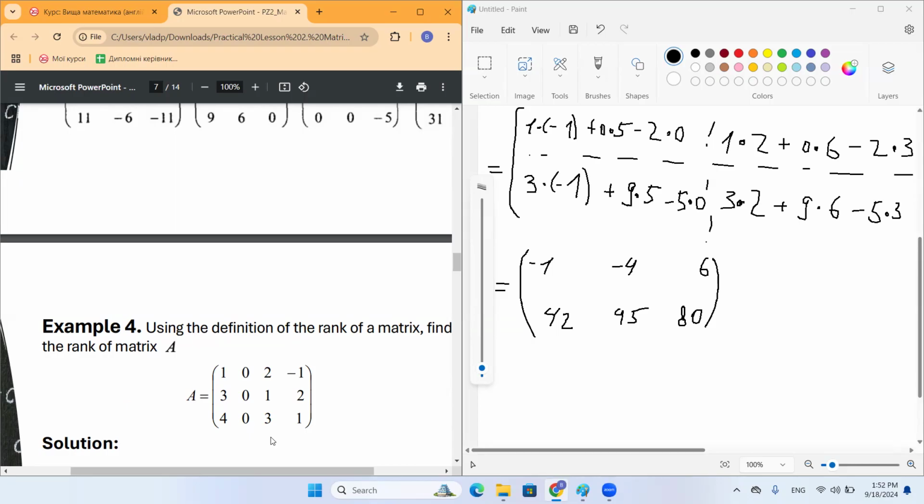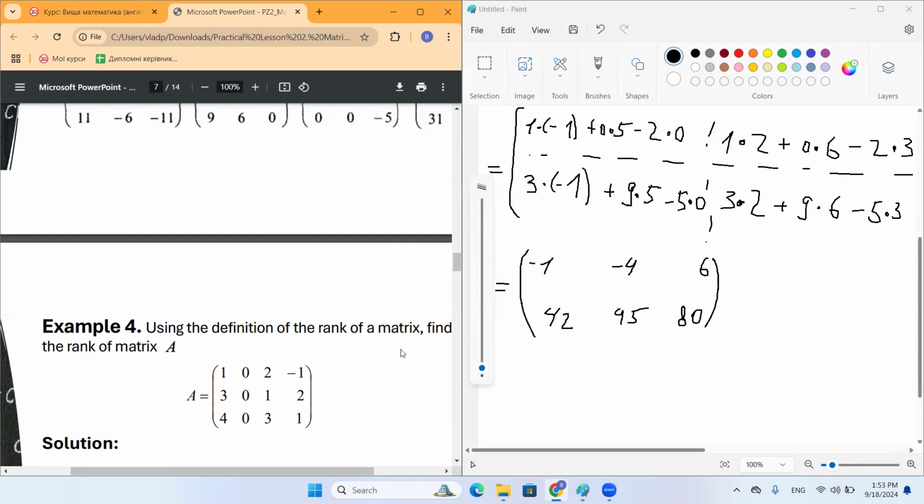How can we calculate a minor? The minor is actually the determinant, so the determinant of the fourth order. Can we do it here? No, you need to have a 3 by 3 determinant. So actually, the maximum possible rank is 3. So the maximum possible rank is the least dimension of the matrix.